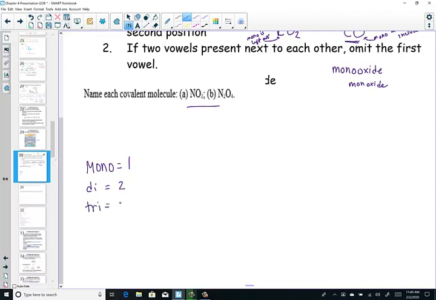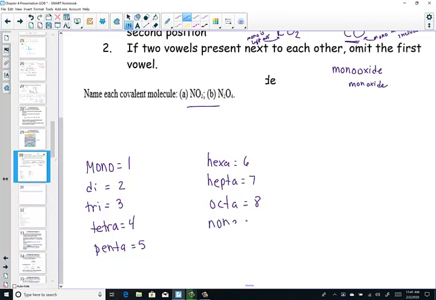Tri represents 3. Then we hear tetra for number 4. Penta for number 5. Then we hear hexa for number 6. We then hear hepta for number 7, octa for number 8, nona for number 9, and deca for number 10.